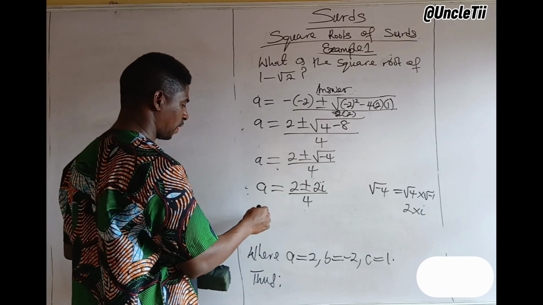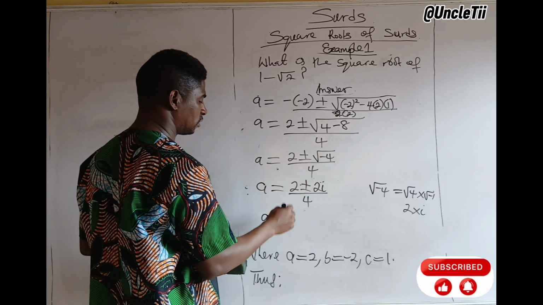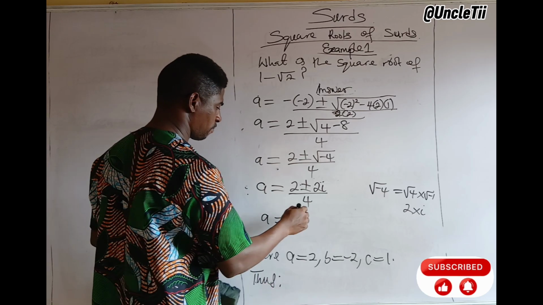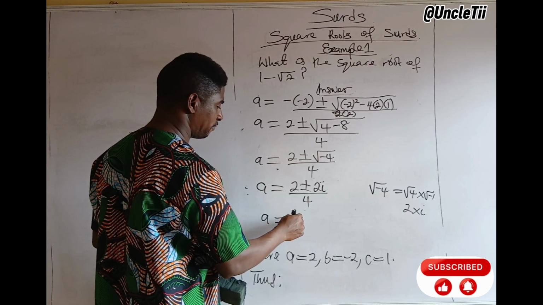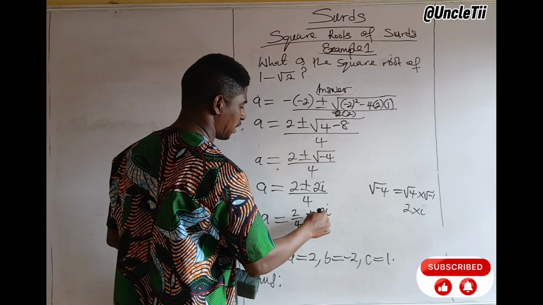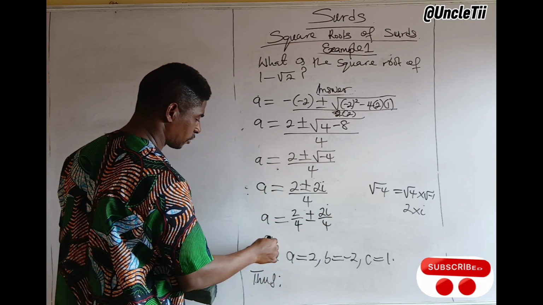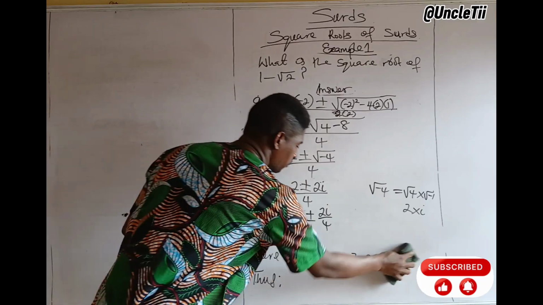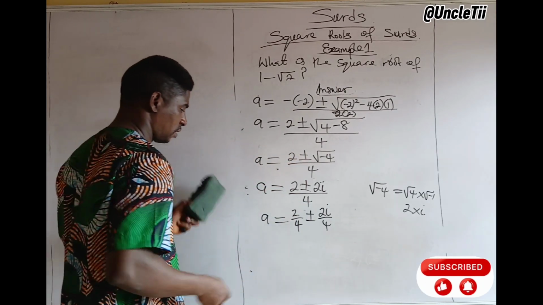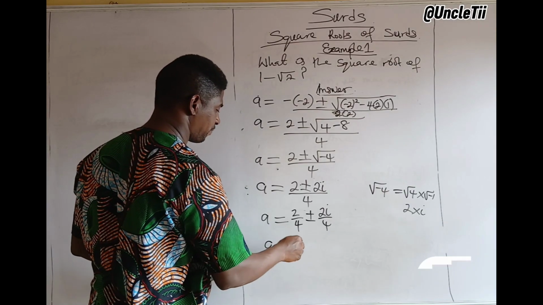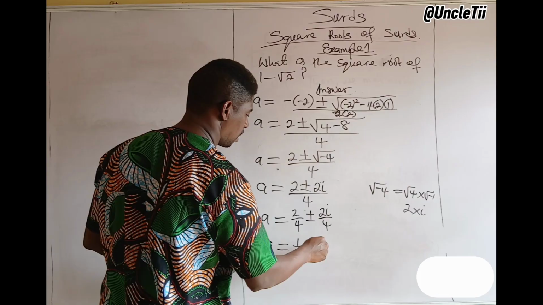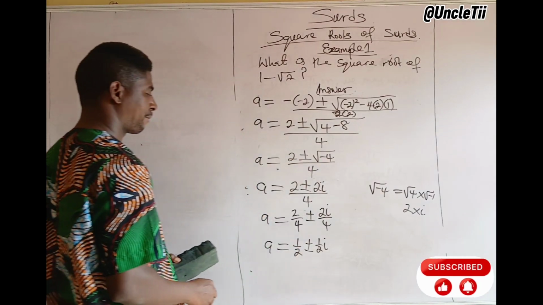Over 4. A equals 2 over 4 plus minus 2i over 4. So A will be half plus minus half i.